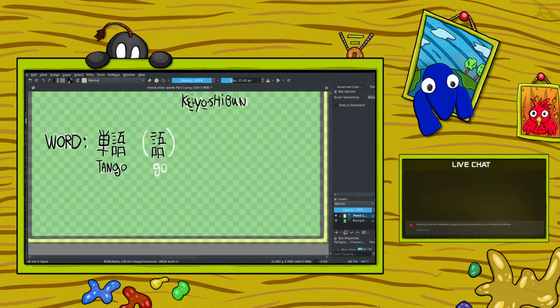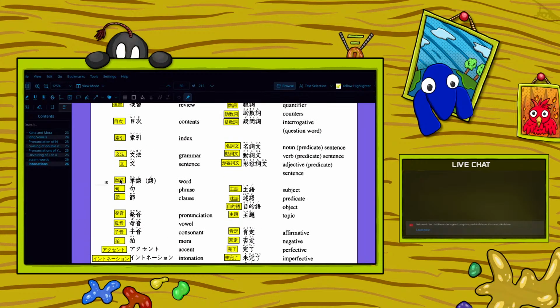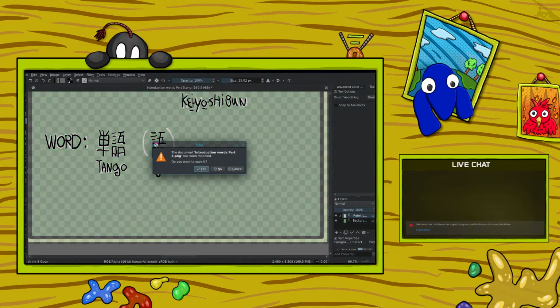Let's see if that is correct. That is actually one that is a little bit of concern. So let's see. A word. Yes, that is indeed correct. So that is indeed this. All right.